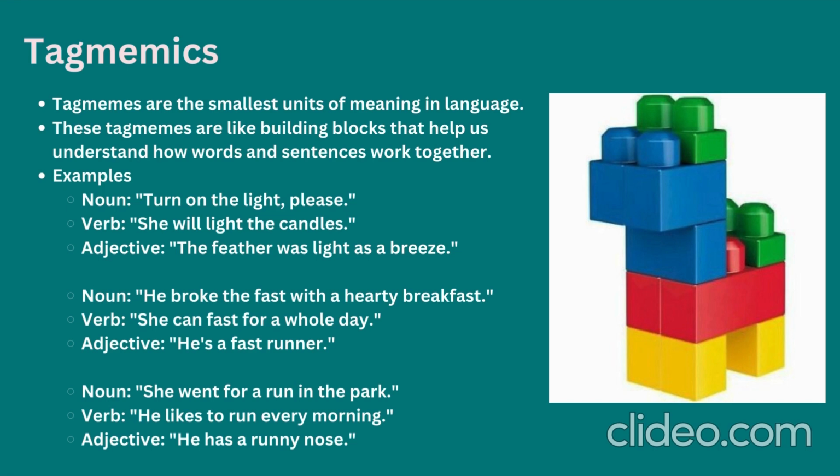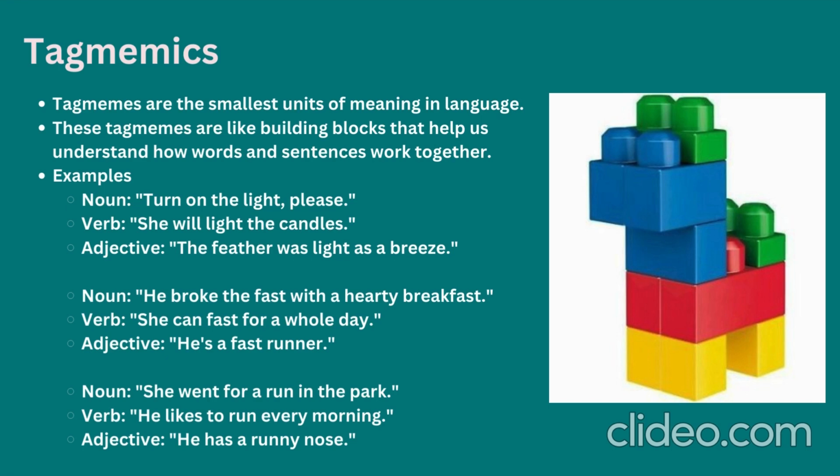And just like Lego bricks, they can be combined in different ways to create different meanings. With these blocks, through different arrangements, we can make different structures, right? So just like that, these tagmemes, when arranged differently, can give rise to different sentences or paragraphs or clauses or phrases, whatever it is.